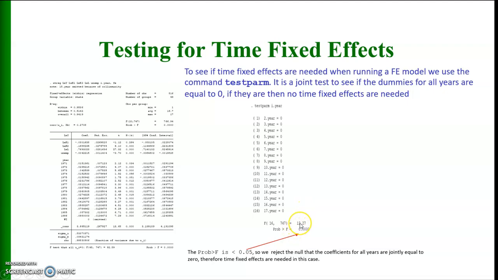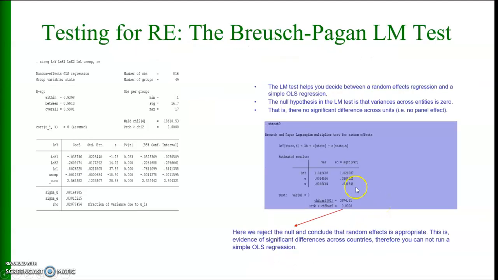But if you look at this test, the result shows that this is less than 0.05. So we reject the null hypothesis that the coefficients of all years are jointly equal to 0, and therefore time effects are needed in this case. This is our conclusion. After this, I'll discuss the Breusch-Pagan LM test for testing random effects.